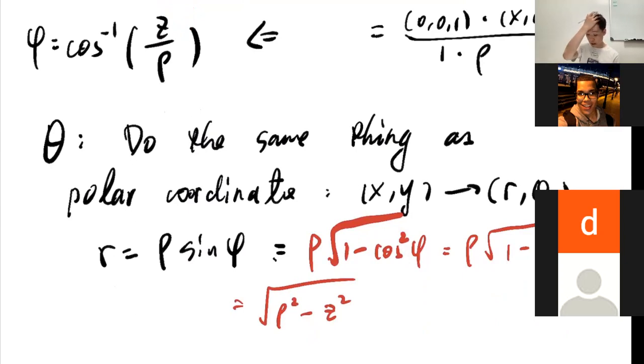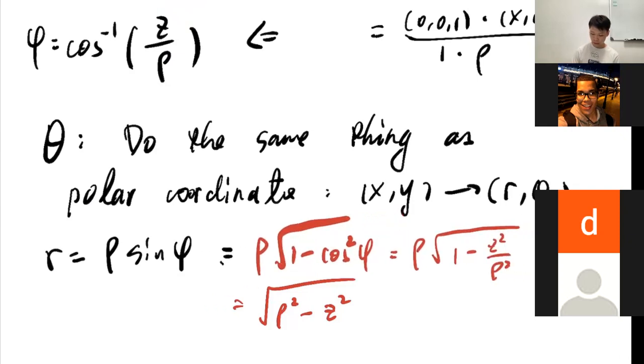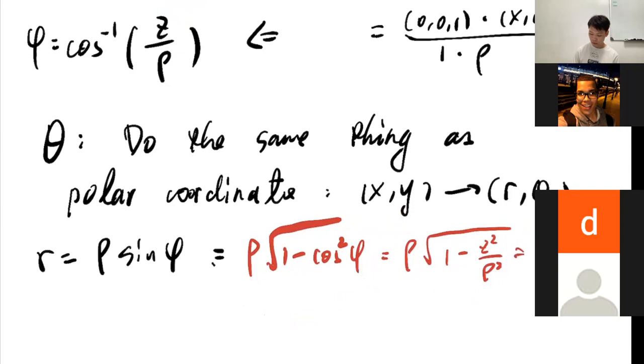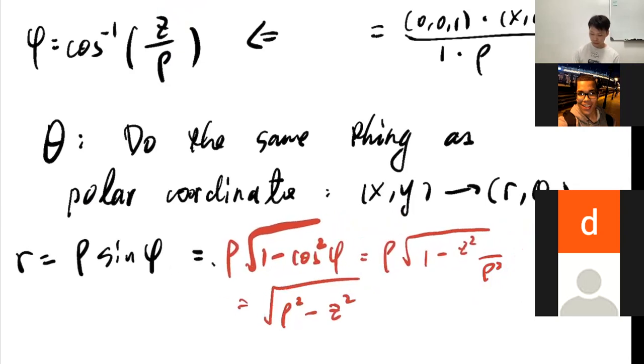Either way, you would get the same. Well, you don't have to put the absolute value, because your rho is greater than or equal to z because of the triangle inequality. So this one is fine as well. So far, so good.